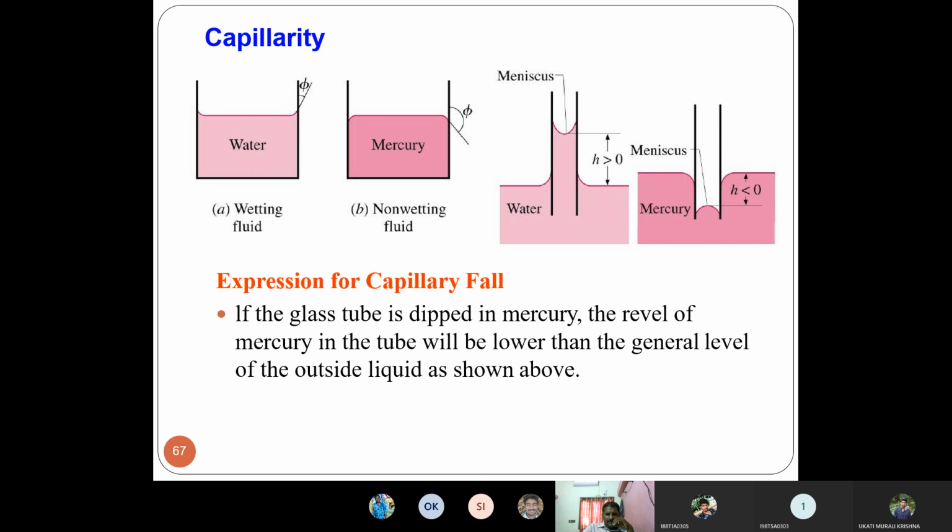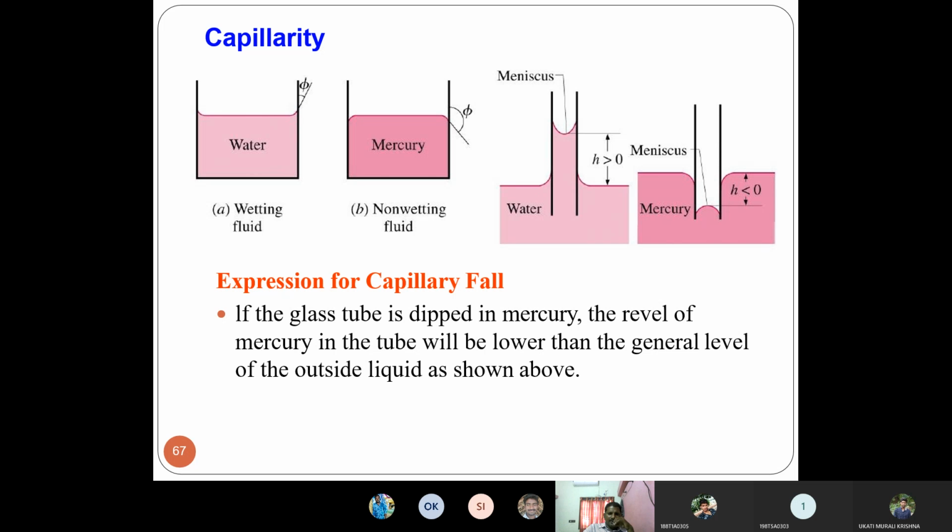Understand? In the mercury tube, we get a convex surface because of the nature of the two substances. Water has adhesive forces very much higher than cohesive forces, whereas for mercury, cohesive forces are very much higher than adhesive forces. That is the main reason.